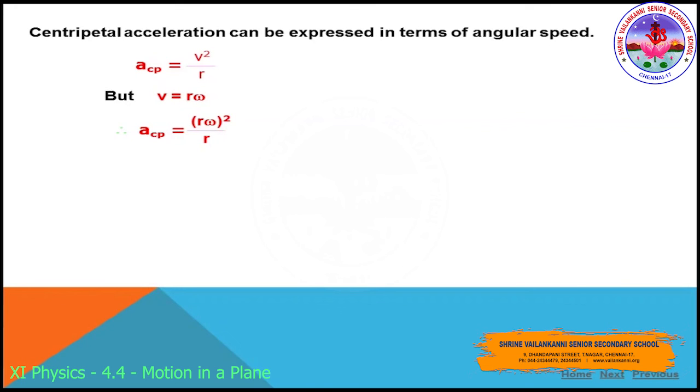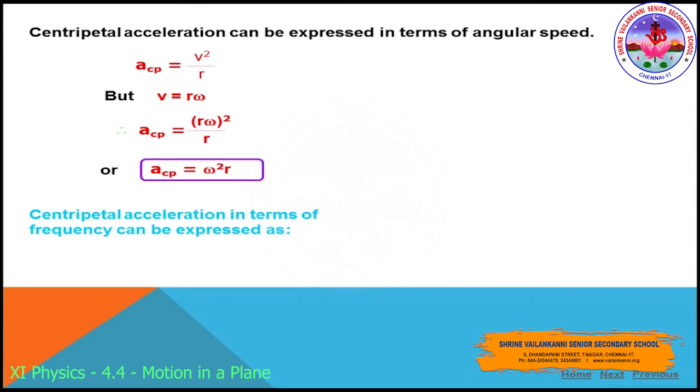So this gives the magnitude of the acceleration of the particle. Applying the value, we get r omega by r, so r omega square by r. Simplifying, we get omega square r.